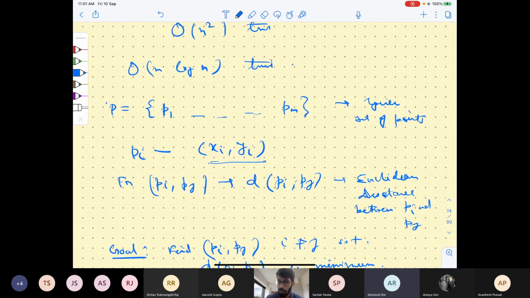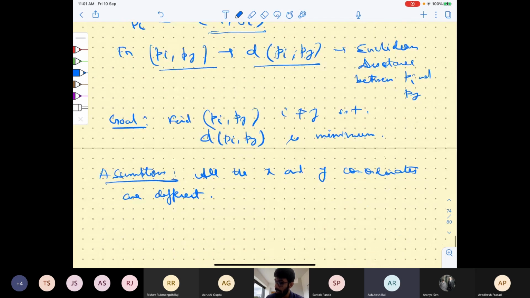For pi and pj, d of pi pj denotes the Euclidean distance between pi and pj, and the goal is to find pi, pj, i not equal to j, such that the distance of pi pj is minimized. So that is the problem that we are going to solve.